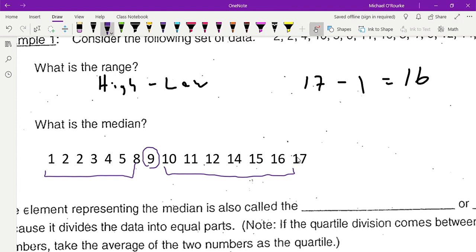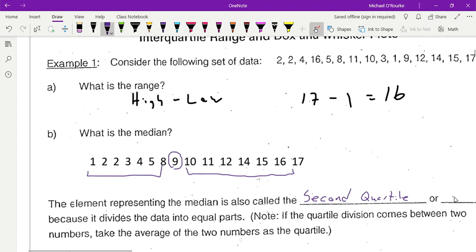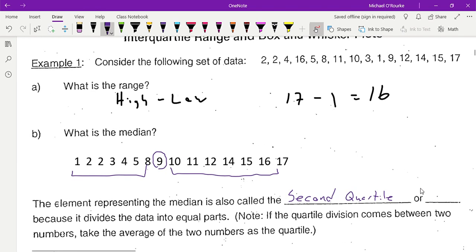So if we look here, the median is also the second quartile. Okay? Or for lack of a better term, if you use a notation, Q2. If you want to put it in a football analogy for people who like football, it would be like the end of the second quarter, halftime, right?